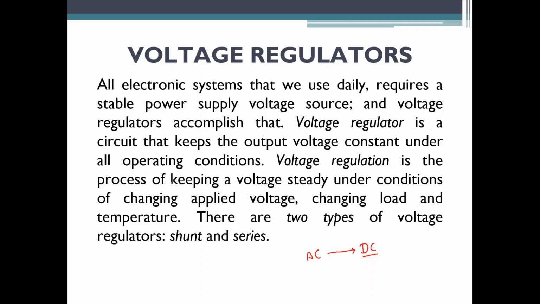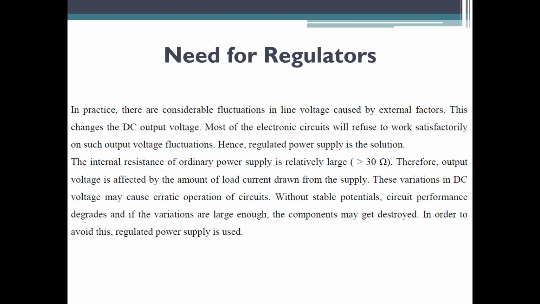Normally these devices are called voltage regulators, and they can be categorized into series voltage regulators or shunt voltage regulators, based on the way in which they have been constructed to give the constant output. Moving on further, let's check out the need of these regulators at this particular hour.